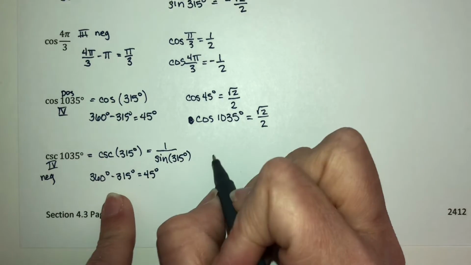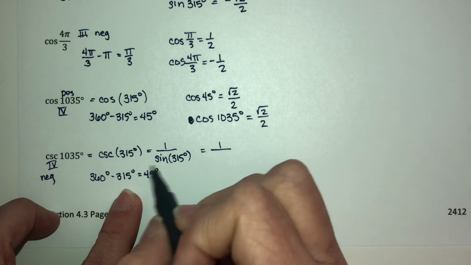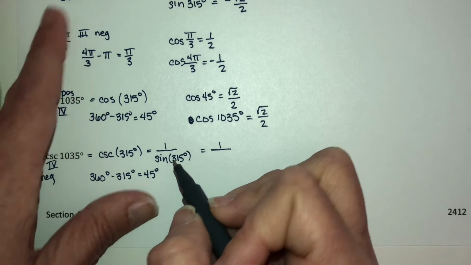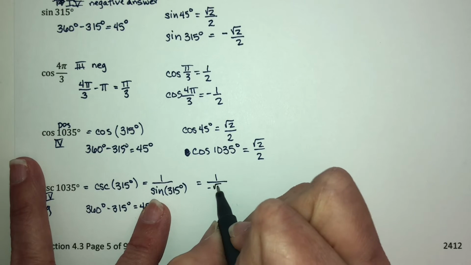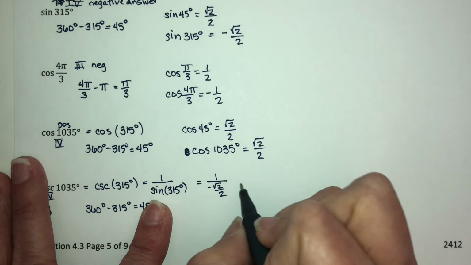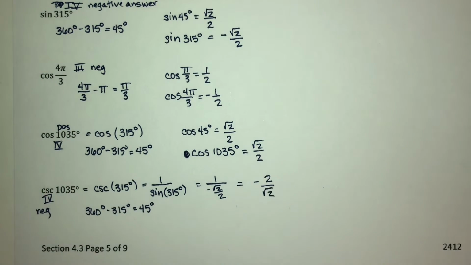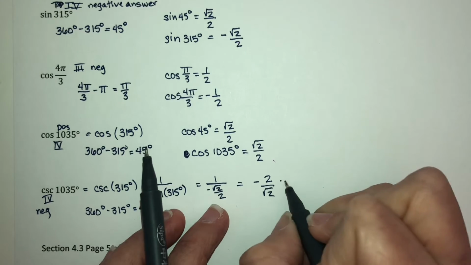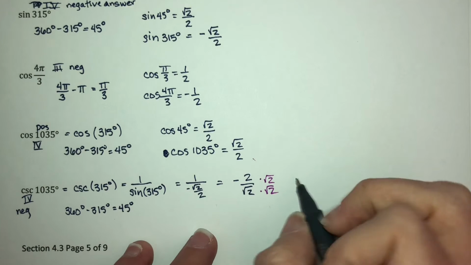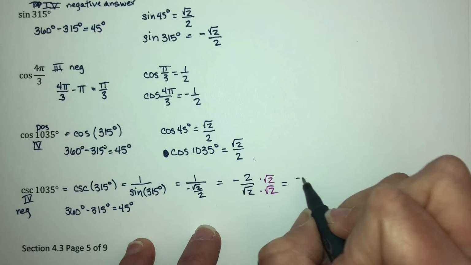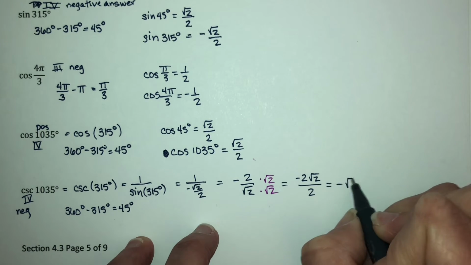So what I have is 1 over sine of 315 degrees, which is 1 over negative square root 2 over 2. That would be negative 2 over the square root of 2. And you should rationalize this, to get negative 2 square root 2 over 2, which reduces to simply negative square root of 2.